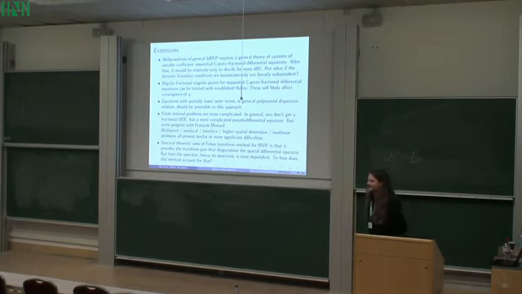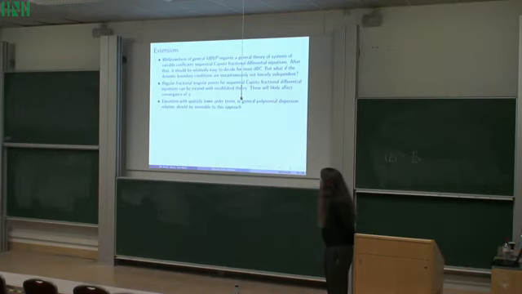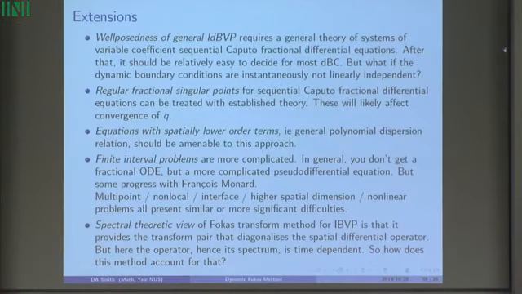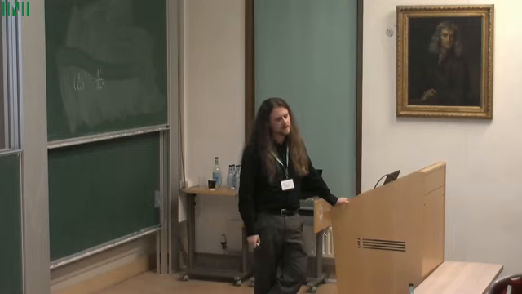Yes? If you have the right-hand side, what class will it have to be in order to make it work? The right-hand side of the PDE. I don't know, but there are works by Dionysios Mansavinos and Alex Himonas that would be the place to start for that.